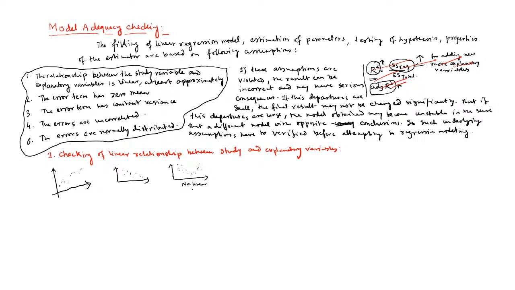Okay, but in the case of more than one explanatory variable, in that case we need to draw a scatter plot matrix.